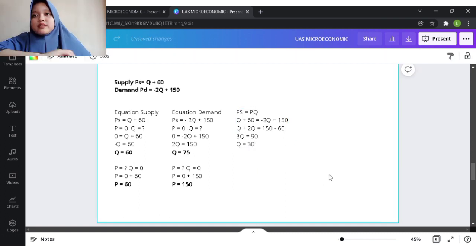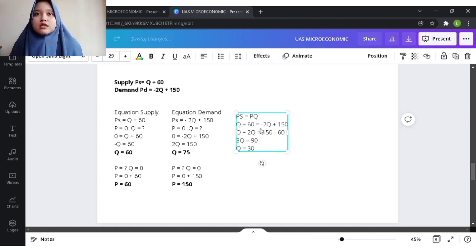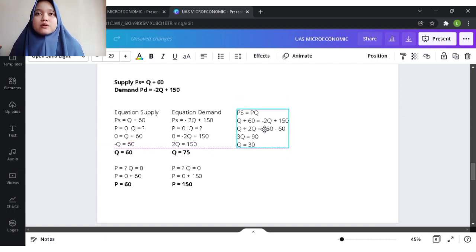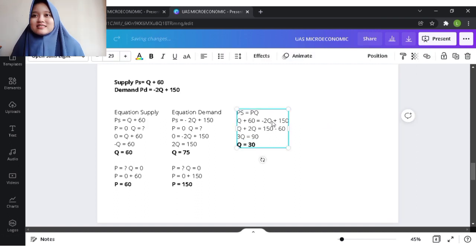So we insert the K into each equation, supply and demand.